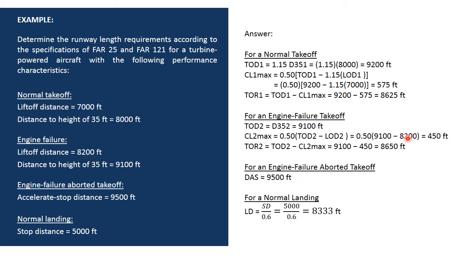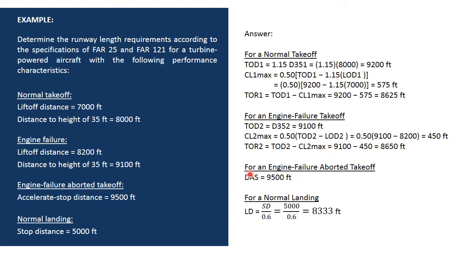So we calculate it, and it equals 450 feet. Now we calculate the TOR2, which is TOD2 minus CL2 maximum: 9,100 minus 450, which equals 8,650 feet. This is TOR2 for an engine failure takeoff.